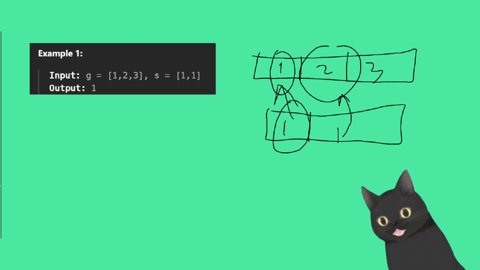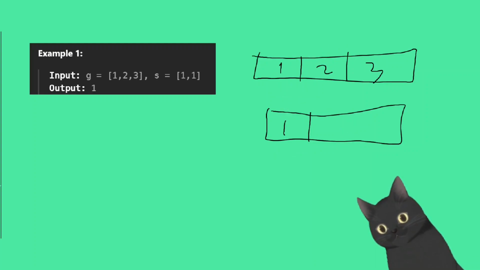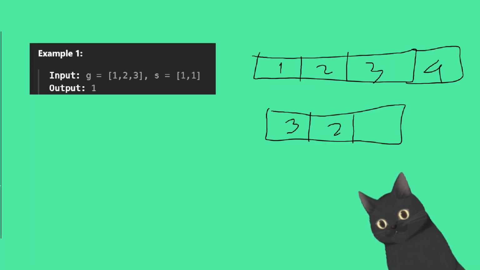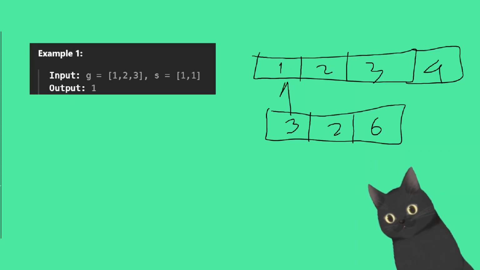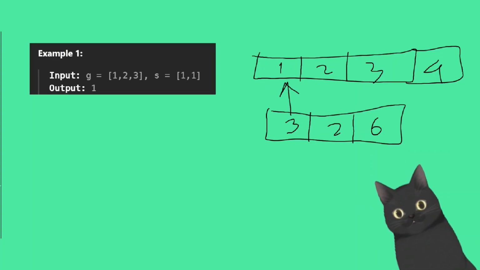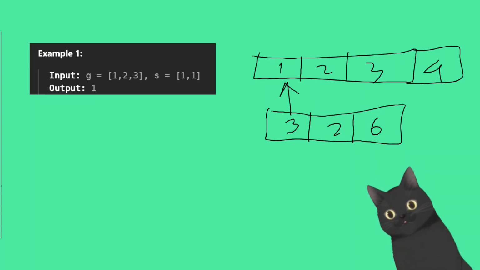As you can see, we really need to sort the array. If I take this example, let's say we have 1, 2, 3 and 4, and I am starting with 3, 2, 6. If I just give the first cookie to the first child, then I'm giving a huge cookie to a child who doesn't really want that.